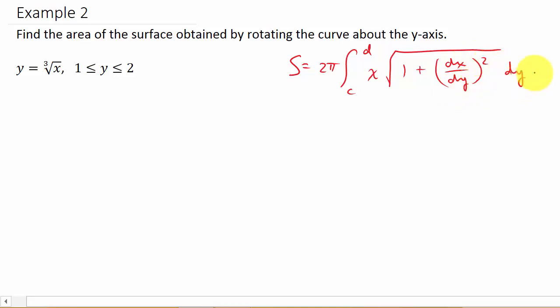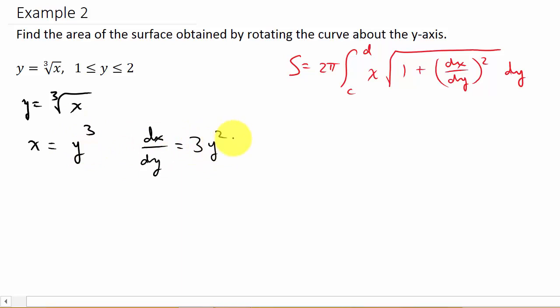So we need the derivative of x with respect to y. Here I have y equals the cube root of x. So this tells me that x is equal to y cubed. If I cube both sides, I get x equals y cubed. So the derivative dx dy is 3y squared. That's the derivative of x with respect to y.